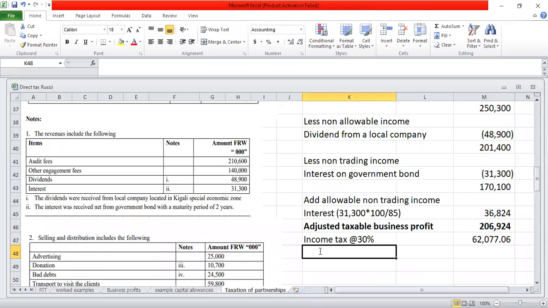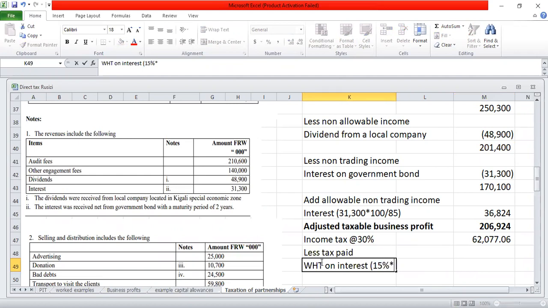Then I less what has already been paid, less tax paid. I have a withholding tax on interest, which is 15% times 36,824 times this.